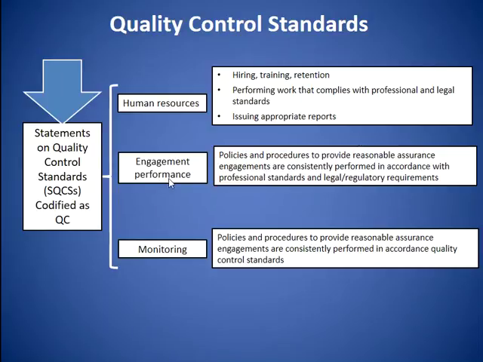Quality control includes engagement performance: policies and procedures to provide reasonable assurance engagements are consistently performed in accordance with professional standards and legal regulatory requirements. And lastly, monitoring: policies and procedures to provide reasonable assurance engagements are consistently performed in accordance with quality control standards.